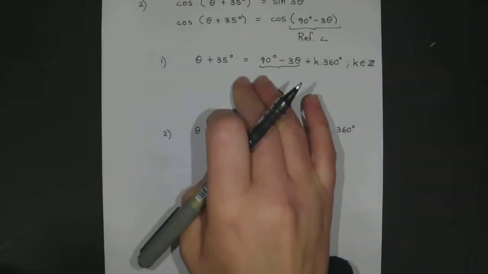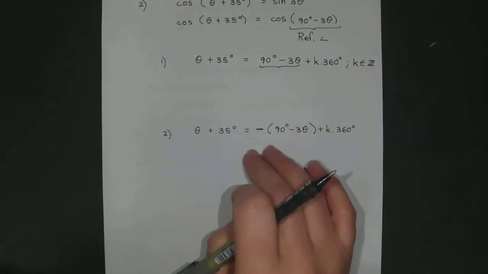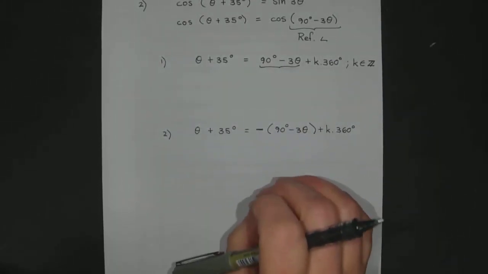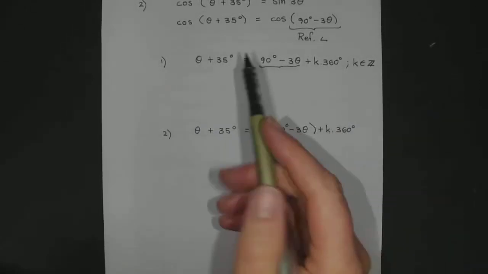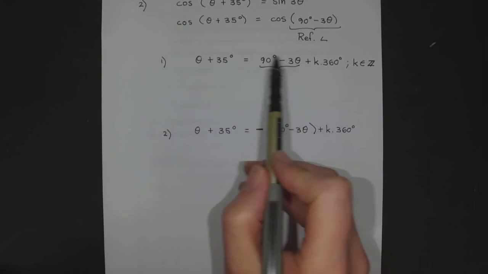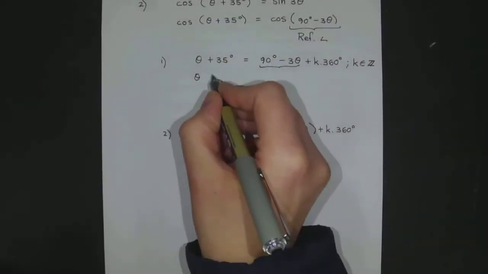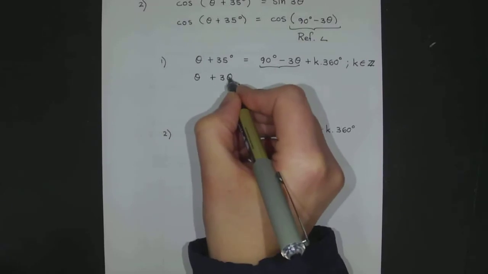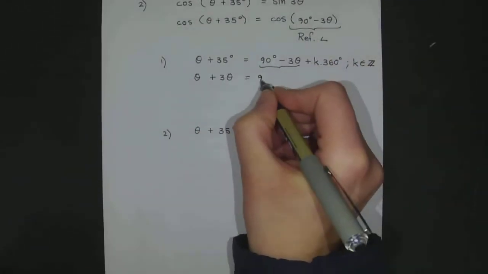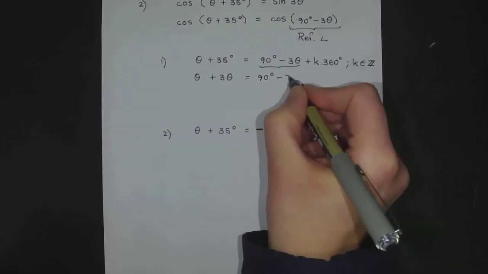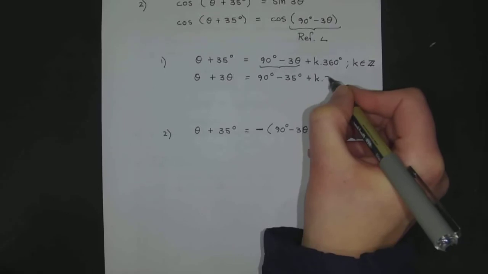So now that I've written down the two parts of this general solution, all that needs to be done now is it needs to be simplified algebraically. So algebraically, we're going to put all the variables on the same side, meaning I'm going to say theta plus 3 theta is equal to 90 minus 35 plus k times 360.